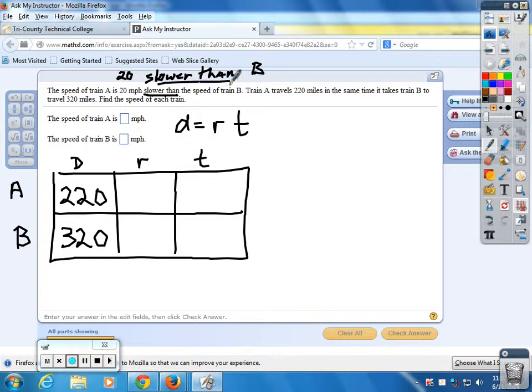And when you see these two words, you crisscross and put the minus symbol. So that'd be B minus what? 20. So B minus 20, and then this is just B. And you can put R, I don't care what you put. Okay, X. We'll put X if you want to. I just put B because of train B.